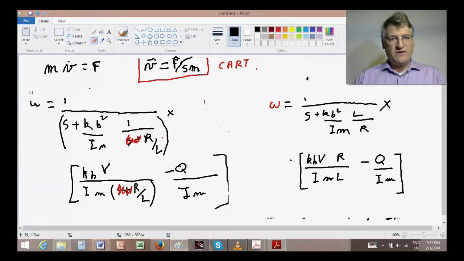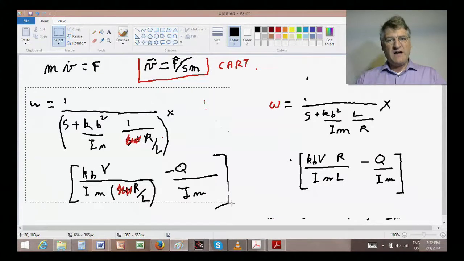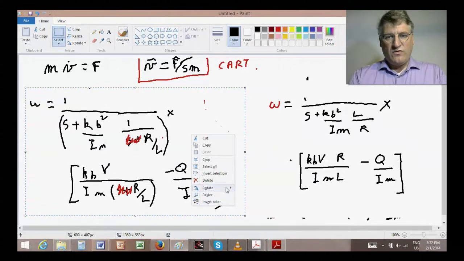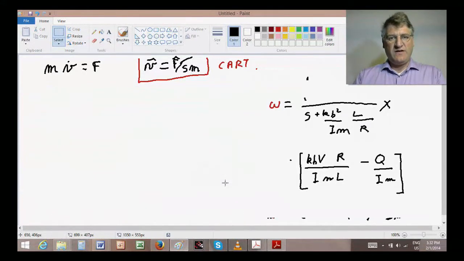Erasing first the intermediate computations for omega, we write that V is equal to F over Sm.